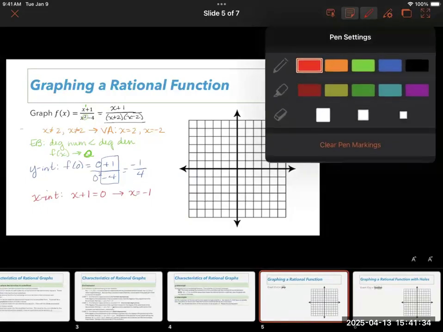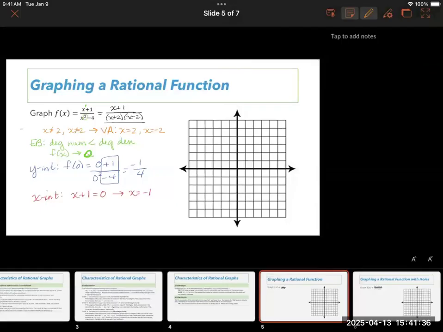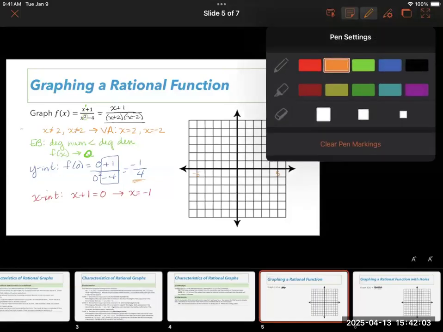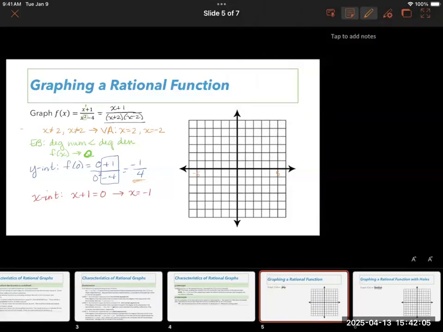All right, so now as I start to put all of these things into my graph, I want to take a look at the types of numbers I have to see what kind of scale I want. In terms of x's, going with a scale of 1 is going to be just fine. In terms of y's, I do have this negative 1/4 here, which is going to be really hard to graph if I go by a scale of 1. So I think I'm going to go on a scale of 1/2.